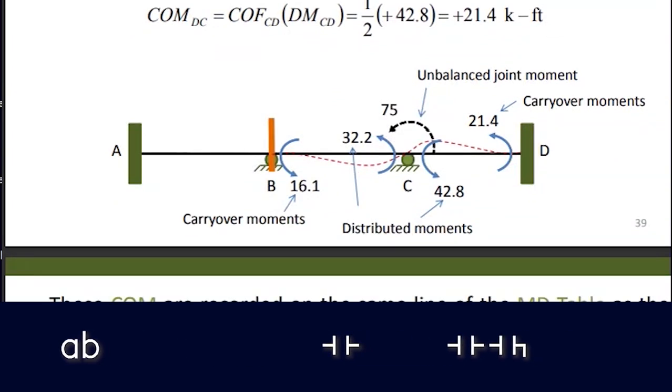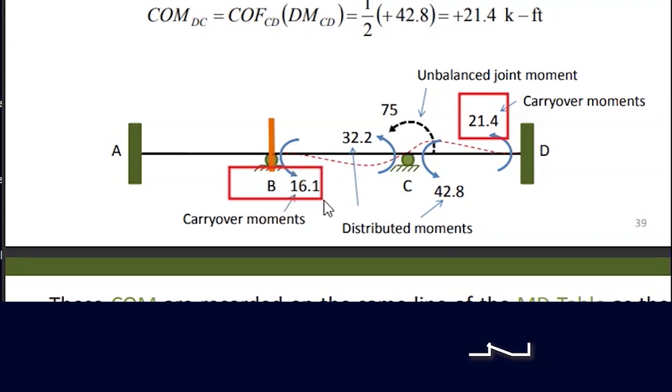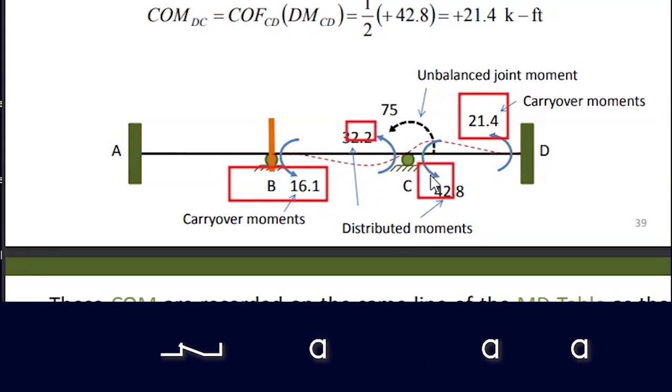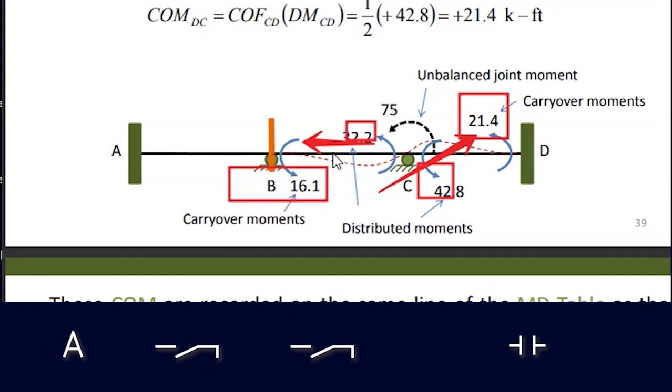Now in general, the carryover moment is the value which is transferred. Now it is 21 to this side, and as you divide it by 2, it is 16.1 to joint B. Now it is this moment which is carried to joint D, and this one carried to joint B. Now this one creates another line as follows.